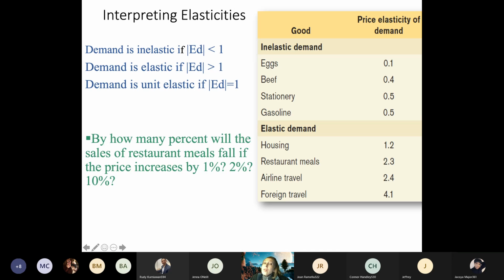So you can increase the price by 1%, and the sales only drop by 0.1% in case of eggs.